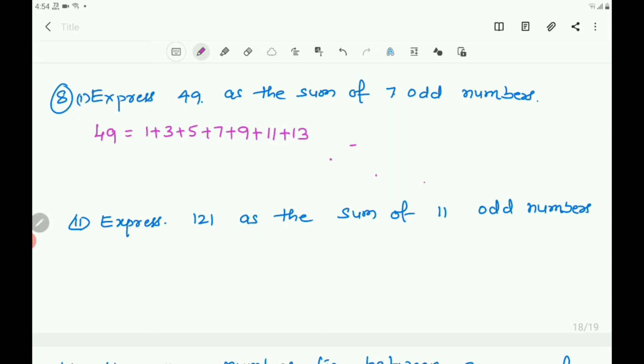Also you can write 121 equals 1 plus 3 plus 5 plus 7 plus 9 plus 11 plus 13 plus 15 plus 17 plus 19 plus 21. Add them.